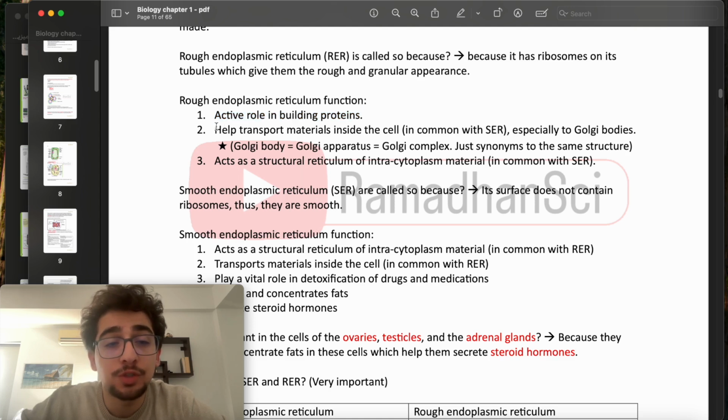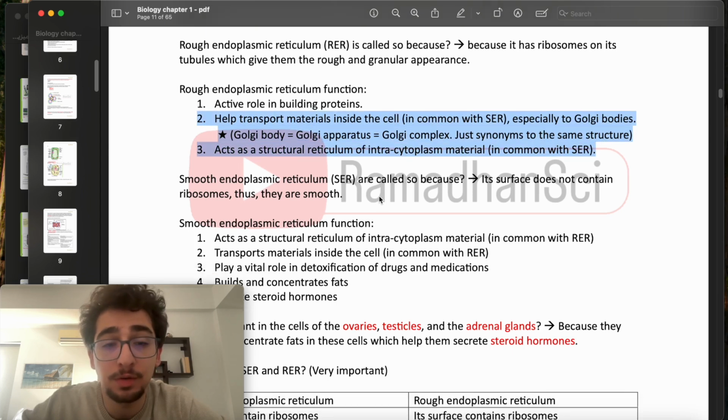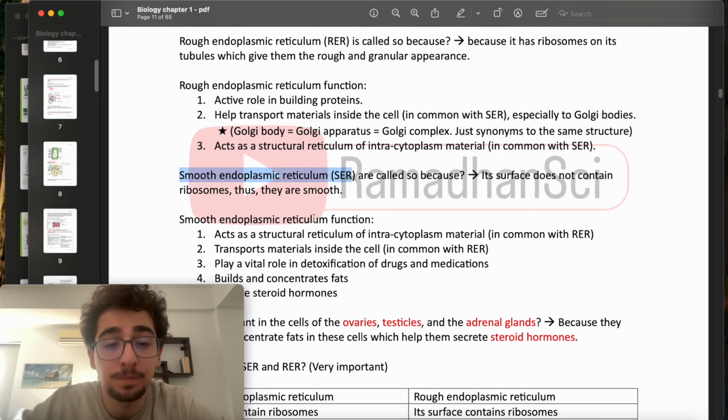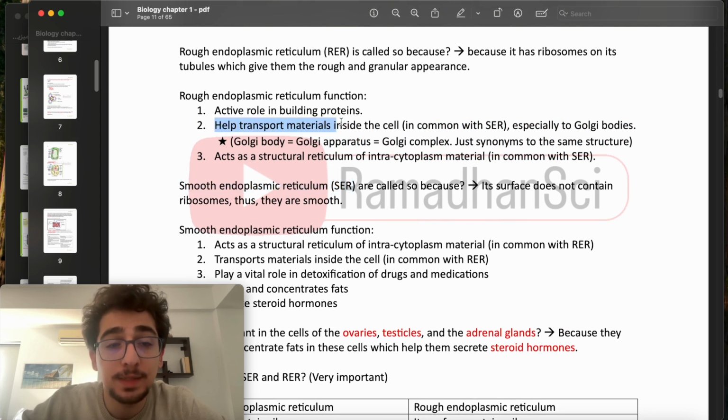And the other 2 functions are exactly the same as mentioned in the smooth endoplasmic reticulum. They're in common here, so that's very easy to memorize, because they're in common with the smooth endoplasmic reticulum, which are basically to help transport material inside the cell, especially to Golgi bodies.